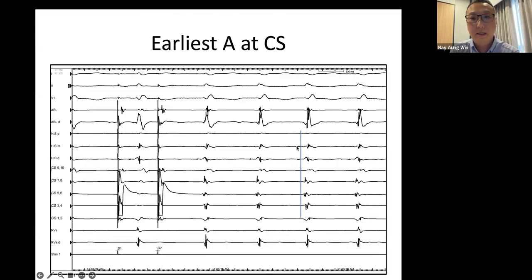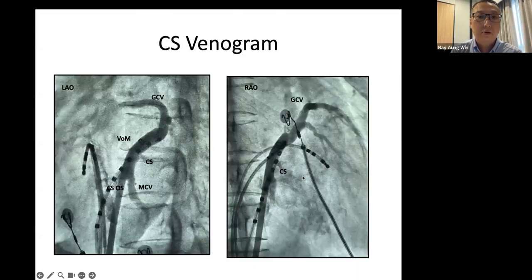And another tachycardia, I think earliest at the CS 5, 6. So we tried to ablate in the CS for the LIE. And we did the CS venogram first to know the CS anatomy, where is the CS catheter, and where is the roof of the CS, where is the floor of the CS.